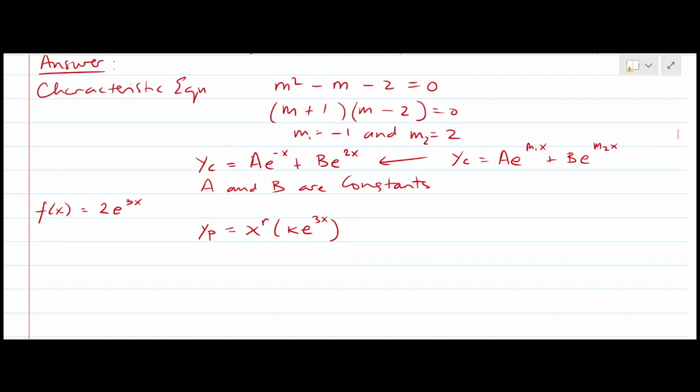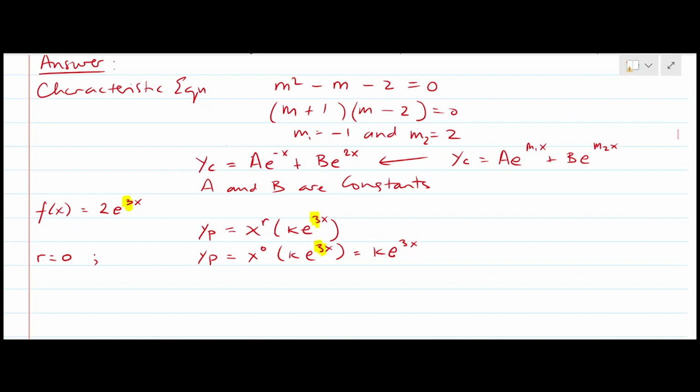For example, if we choose r equals 0, then the particular solution will be x to the 0 times k e to the 3x, which equals k e to the 3x. Bear in mind that this 3 also comes from the original non-homogeneous function.